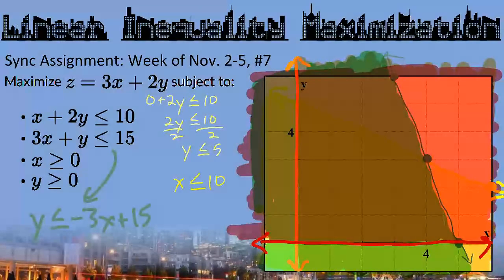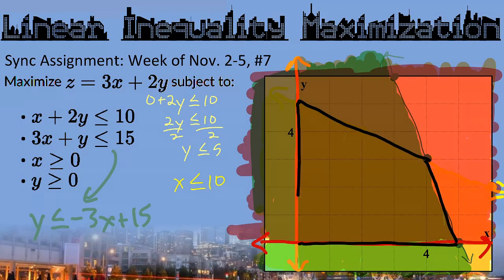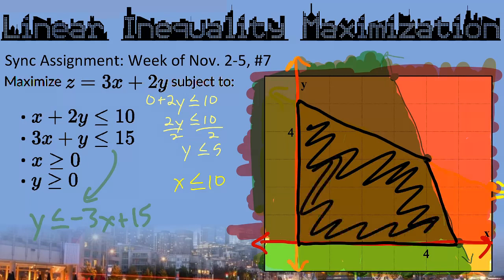It's kind of hard to see, but there's this line that comes along here, and then this, and that is our solution region for this system of inequalities.